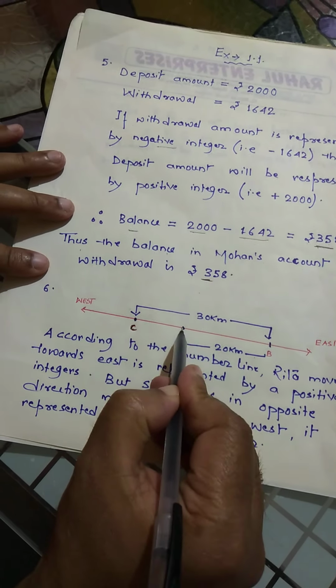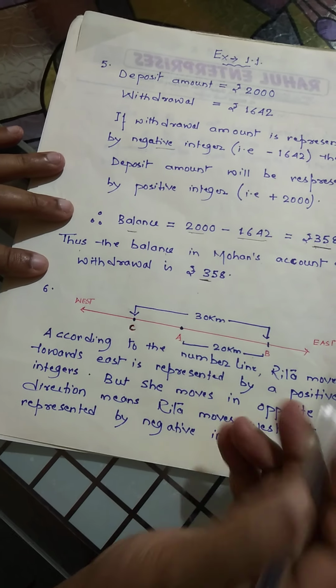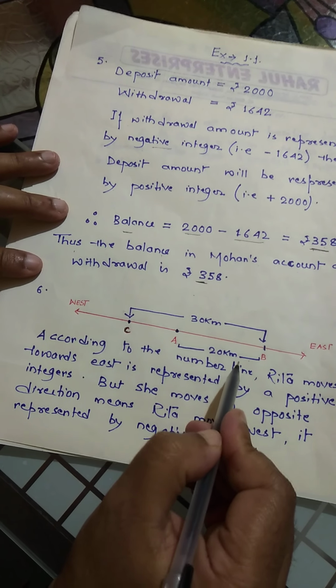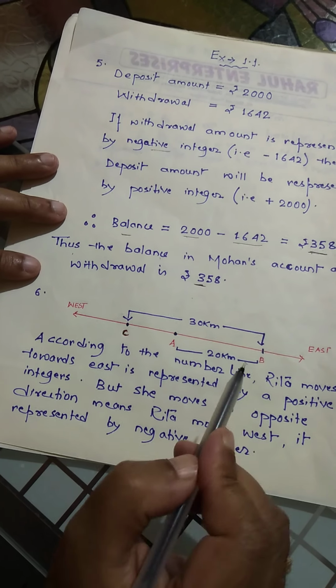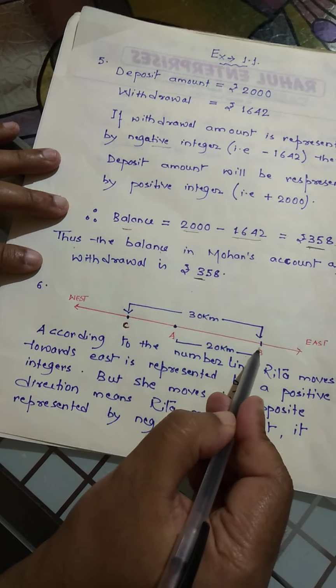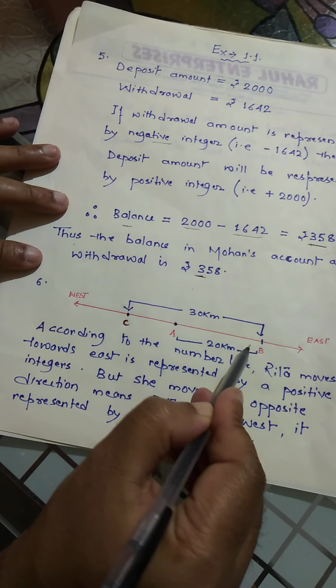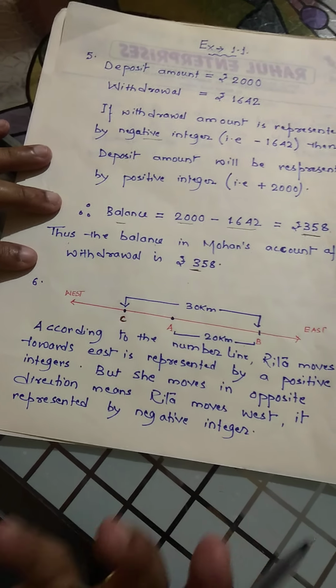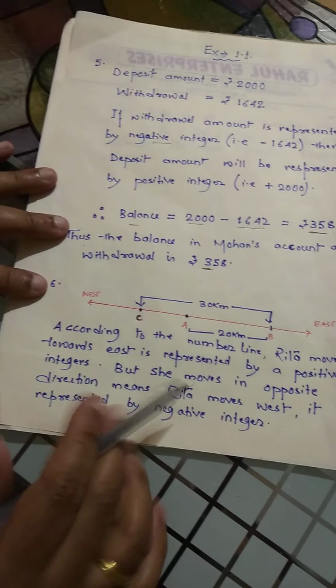If Rita was going towards east, then that distance will be considered as positive. So how will you represent the distance travelled towards west? When Rita took a U-turn and moved towards west side, what is the sign that you will represent? Obviously negative.